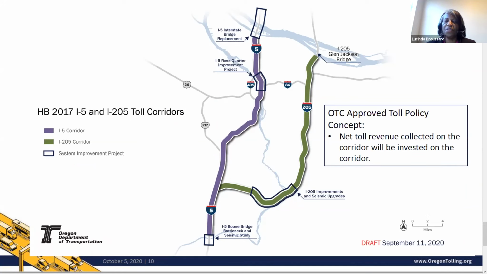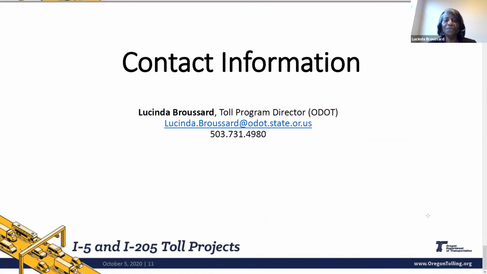As Brendan said, we'll be out talking about not only the congestion management map, but also defining those corridors and making sure they line up with what our partners want. So I know you asked that I bring this, and this is how I presented it. 205 starting at the I-5, ending at Glenn Jackson, and then I-5 starting at IBR, ending at the Boone Bridge. Next slide, please. That was it.